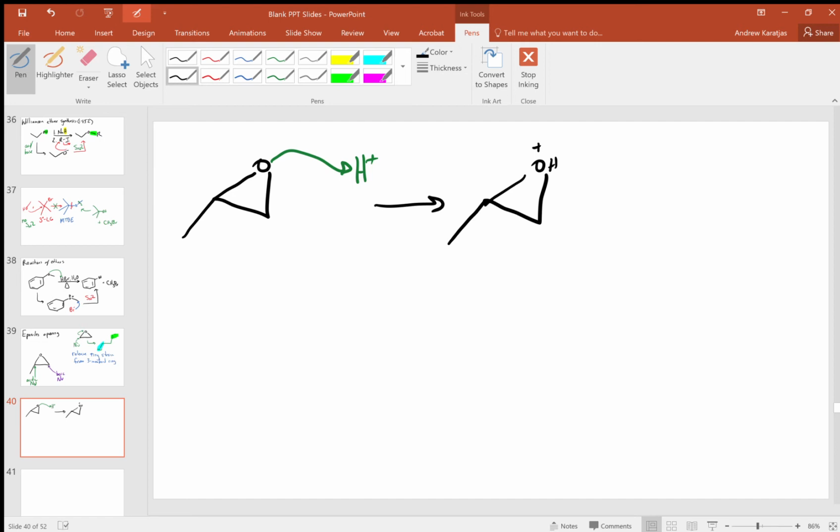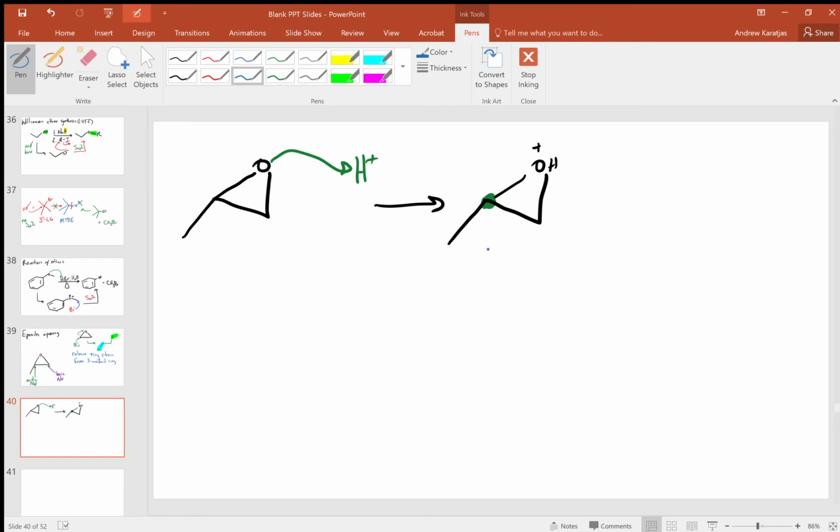We also know that the more substituted a carbon is, the better it can support positive charge. So our more substituted carbon here is going to be more delta plus, and therefore it's going to be a better electrophile.